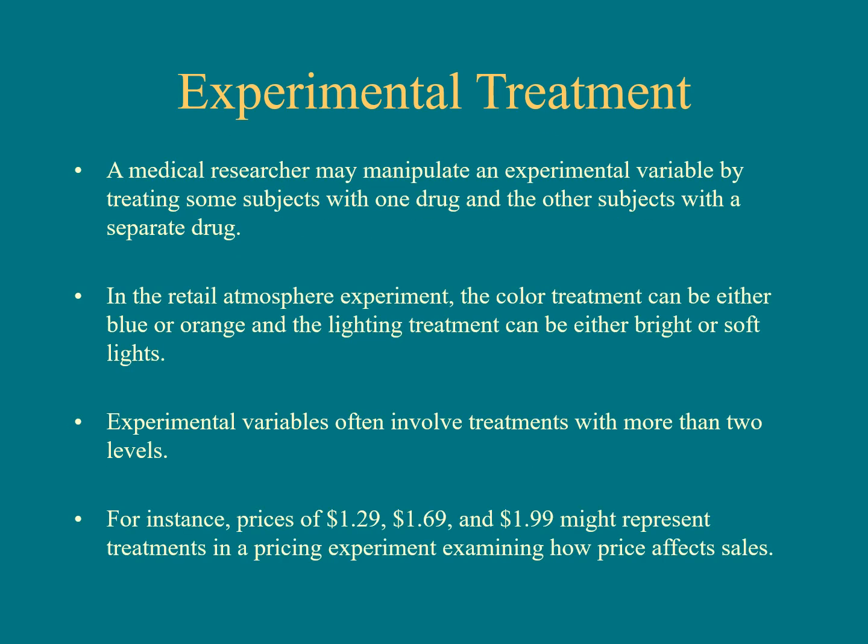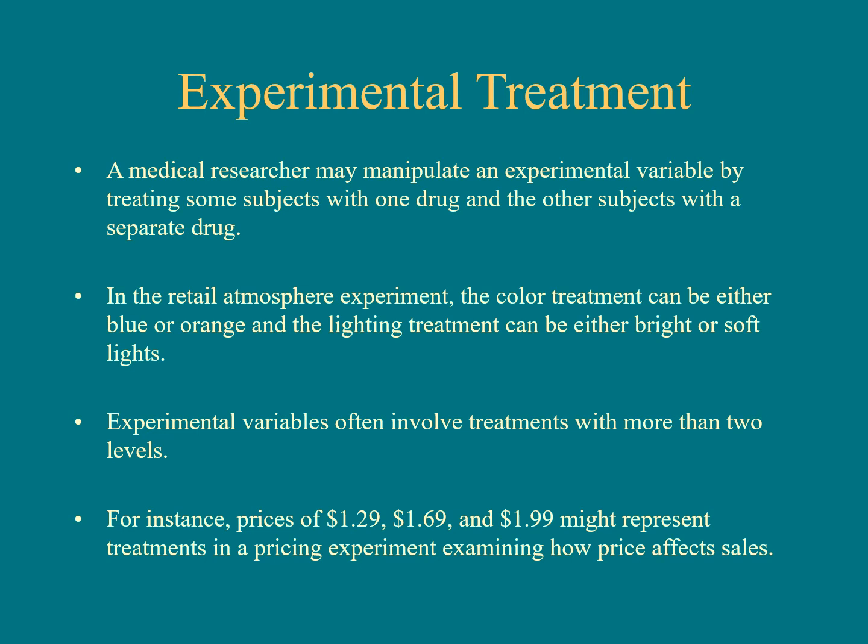Experimental treatment. Here is another example with which you can understand easily what is experimental treatment. A medical researcher may manipulate an experimental variable by testing some subjects with one drug and the other subjects with a separate drug. In the retail atmosphere experiment, the color treatment can be either blue or orange, and the lighting treatment can be either bright or soft lights.